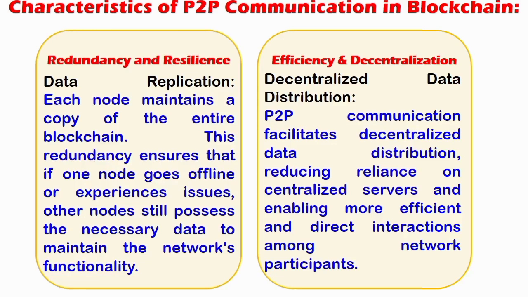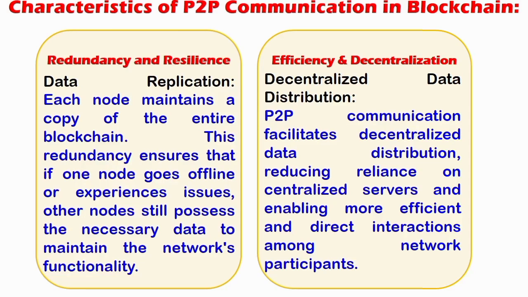Okay, let's talk about how peer-to-peer communication in blockchain brings efficiency and decentralization. It is like this. Instead of relying on big central servers, data gets spread out among all the computers or nodes.